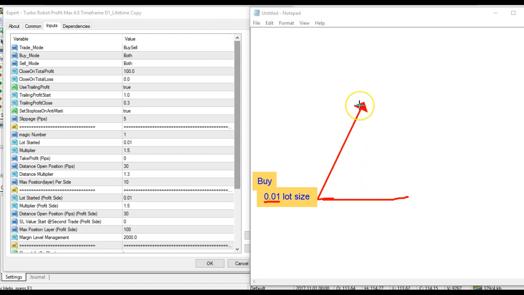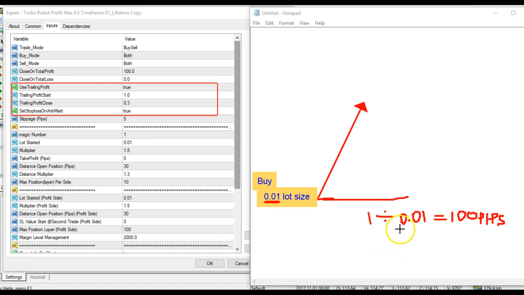The moment you earn, you expect that your setting here is $1. What does $1 mean? Let's say every tick of your broker is 0.01.